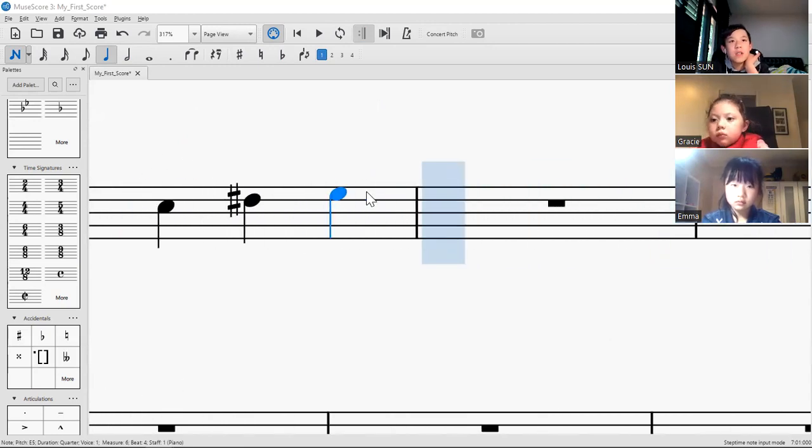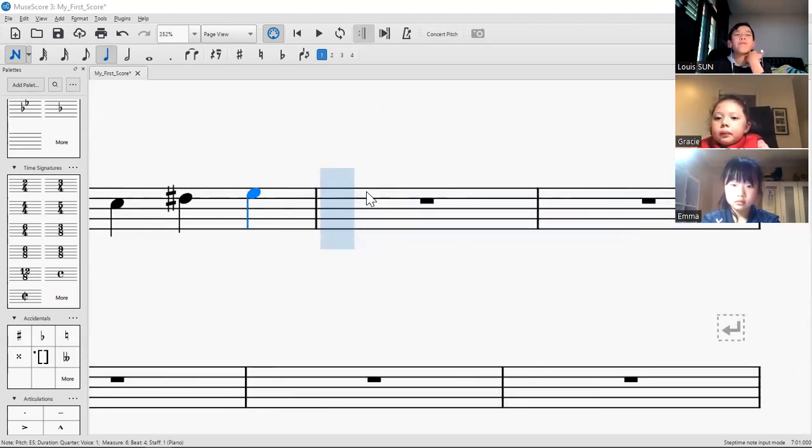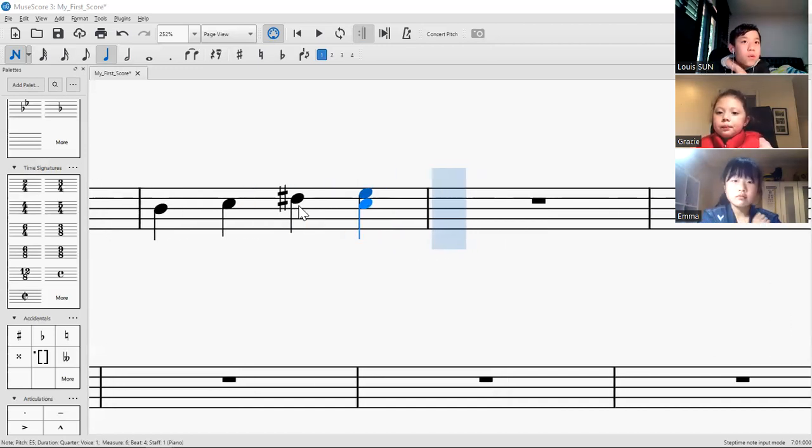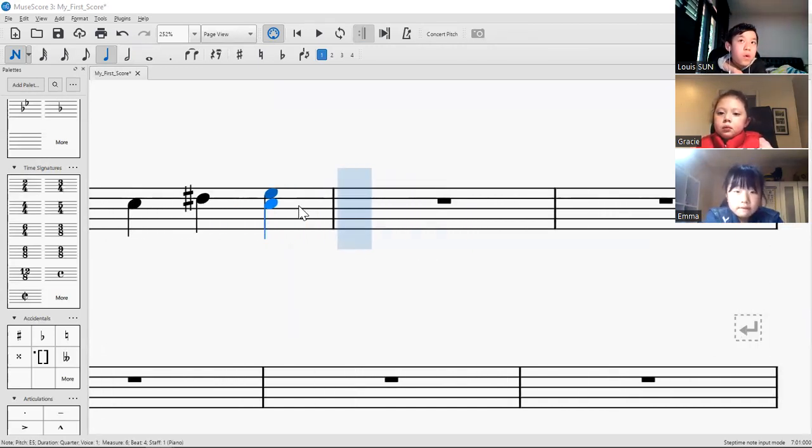And now let's flip this scale around. Actually, no, we're not gonna flip it around. We're just gonna start a little lower.